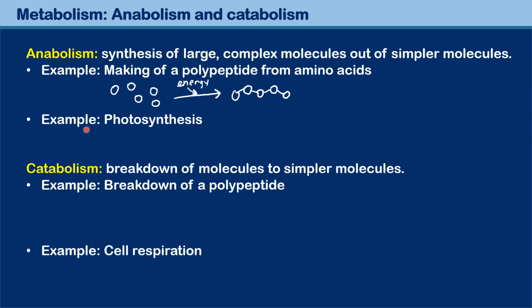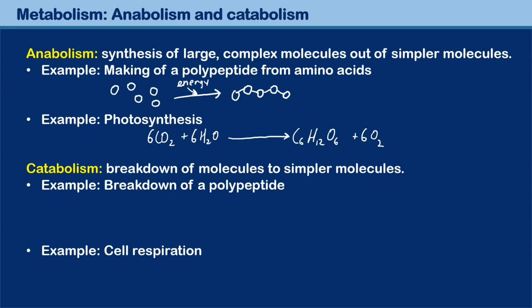Another example of anabolism would be photosynthesis, and in this case, the plant takes carbon dioxide. I'm just going to give you now the full formula: 6 carbon dioxide plus 6 molecules of water, H2O, and you form glucose, C6H12O6, and 6 molecules of oxygen.